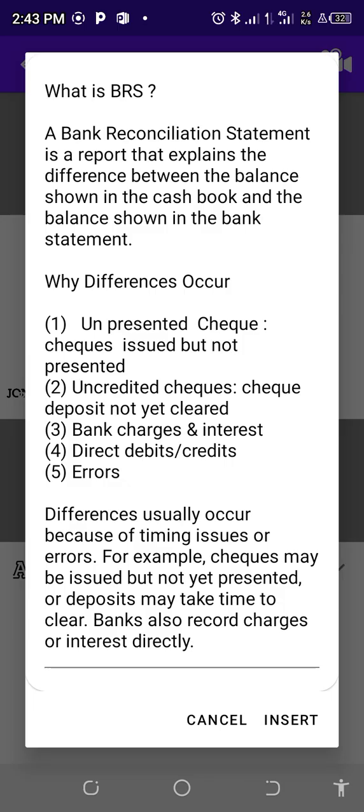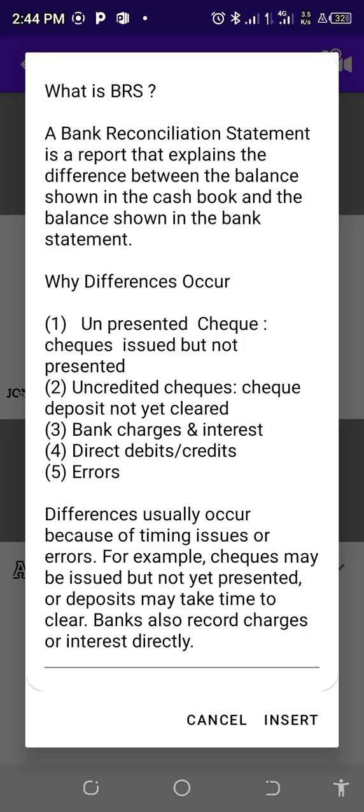Now, differences usually occur because of timing issues or error. For example, a cheque may be issued but not yet presented, or a deposit may take time to clear. The bank also records charges or interest directly.